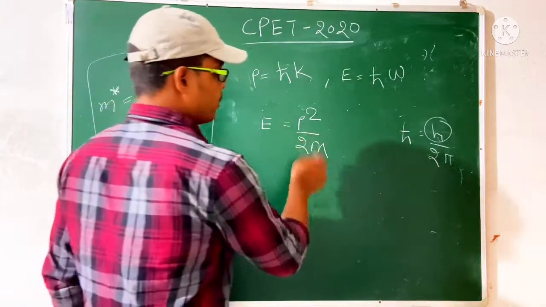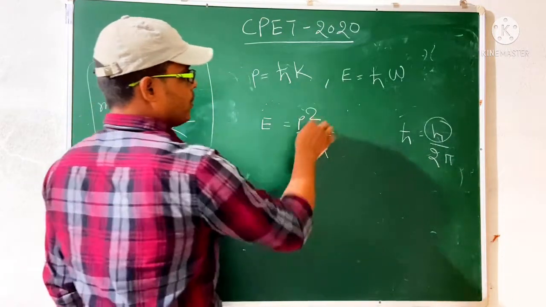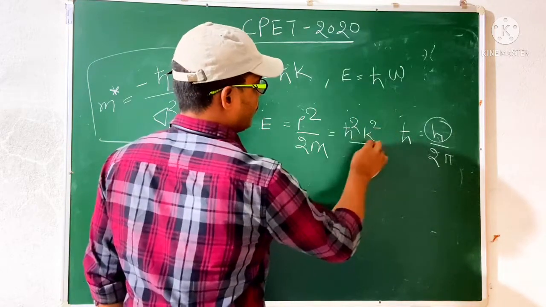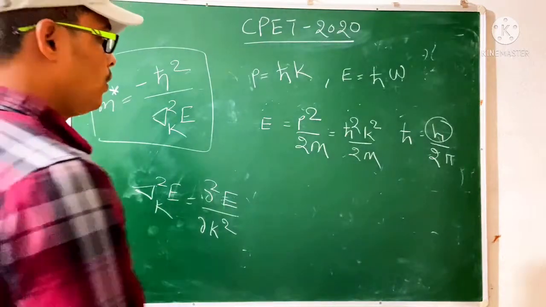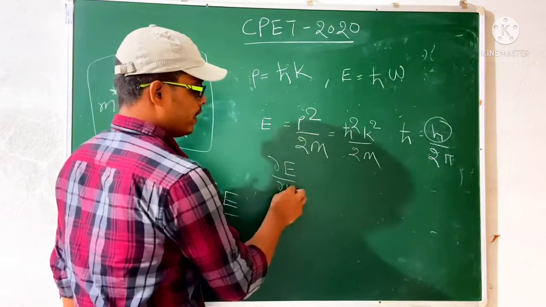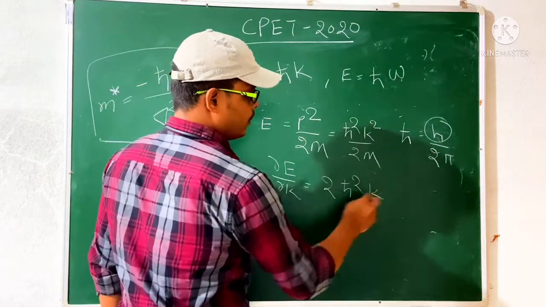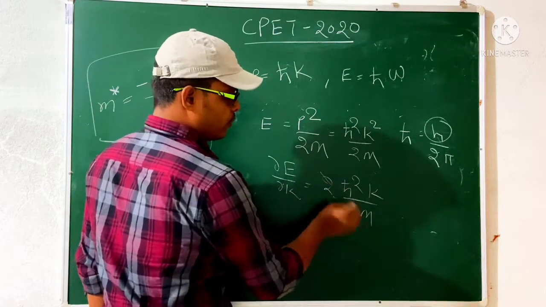Okay, so E equals p square by 2m. So what is p square? P equals h cut k, so that will be h cut square k square by 2m. Right, so you take the derivative. What will be the first derivative with respect to k? That will give you 2 h cut square k by 2m, right? So the 2 will be cancelled.